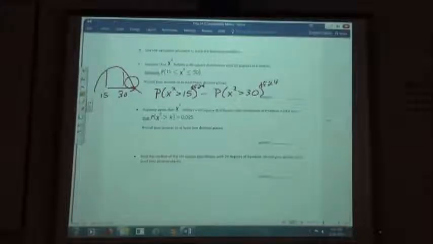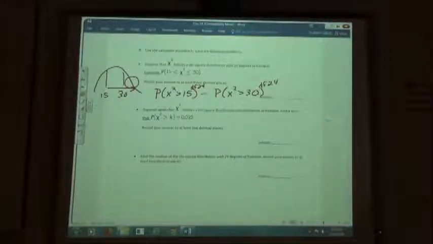So when I'm trying to find the area between those two things, I'm going to find the area that's greater than 15, and then I'm going to subtract the area that's greater than 30, and that will give us the area that's in the middle. So if you punch that into the calculator. This is the one with the P in front. Yep.